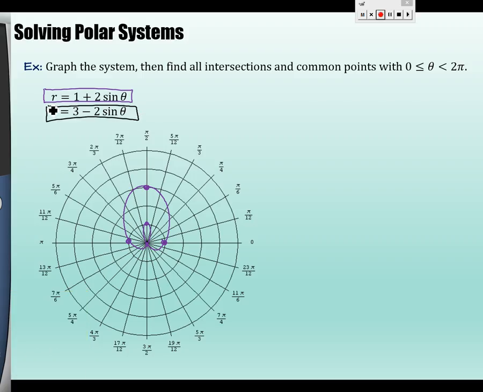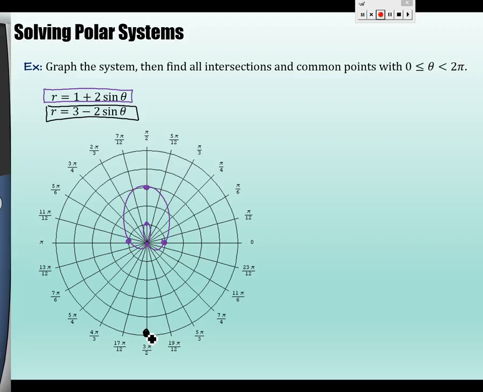Okay. 3 minus 2 sine theta. That's another limaçon. This time it's pointing down with a maximum of... You plug in 3, pi, or 2 and just see what happens. You don't need to take my word for it. Isn't it true when you plug 3 pi over 2 in, you get 5? Okay. I'm not crazy.